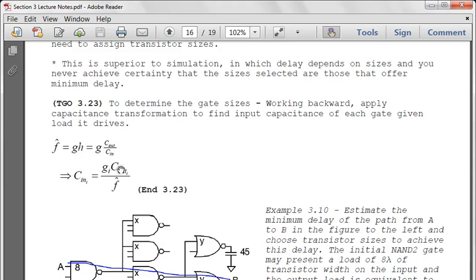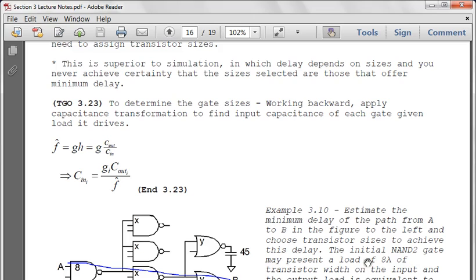At the end of the path, we have our logical effort and our electrical effort, C out over C in. So C in just becomes that gate's output capacitance over the total path effort, just by doing some simple division.